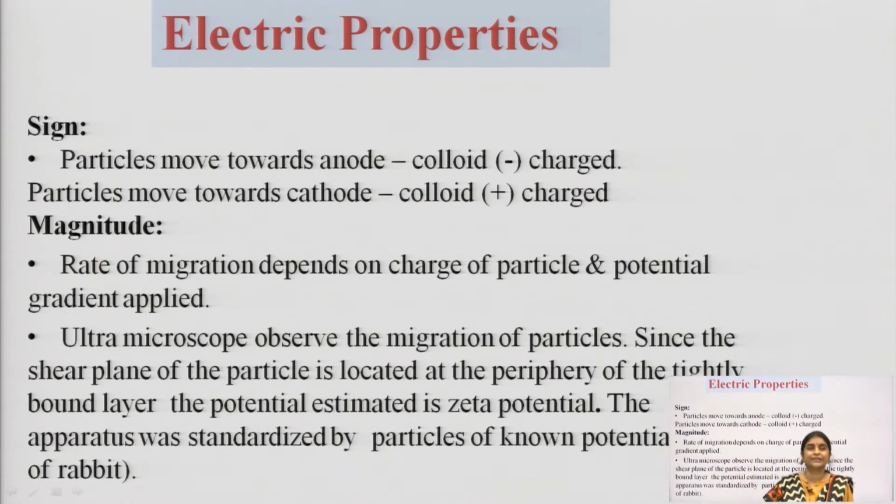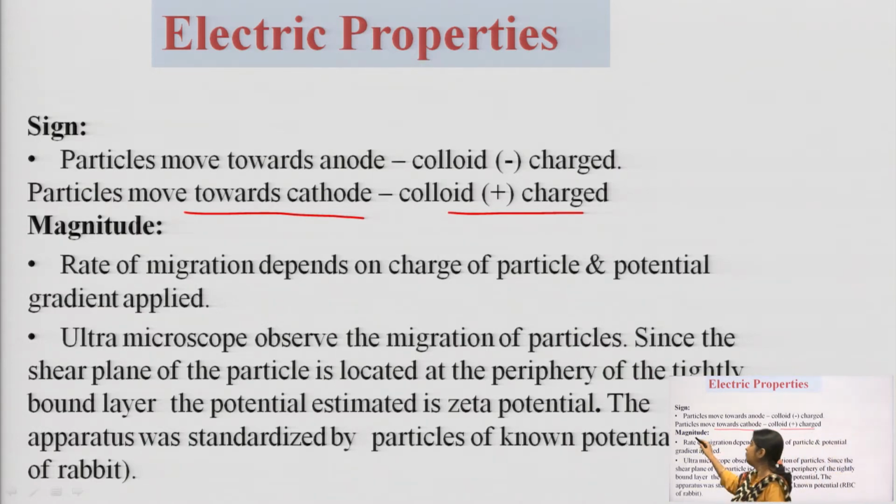How will we know the sign of the particles, whether positive or negative charge is present? If the particle moves towards the anode, then we can say that the colloid contains negatively charged particles. If the particle moves towards the cathode, we can say that the colloid contains cations or positively charged particles.